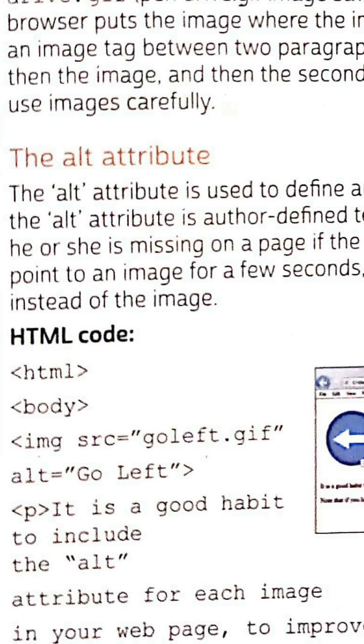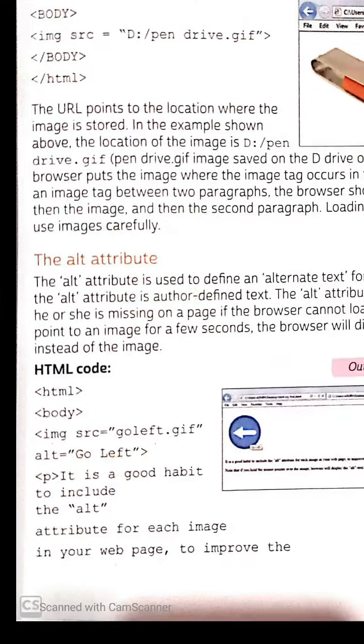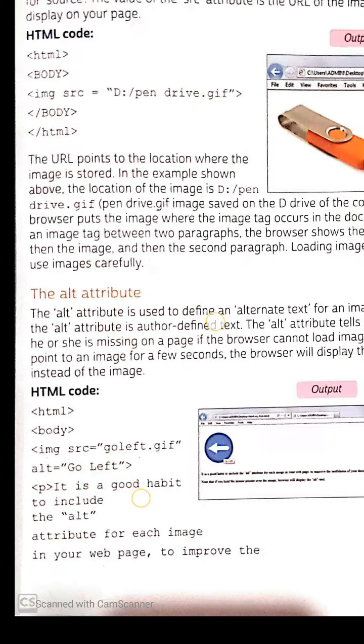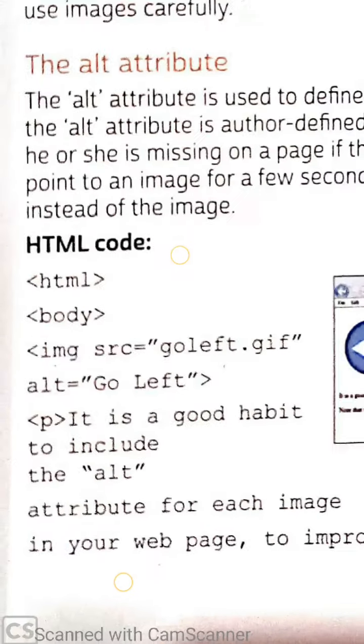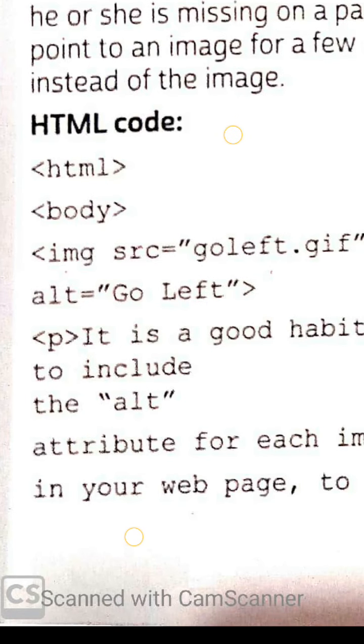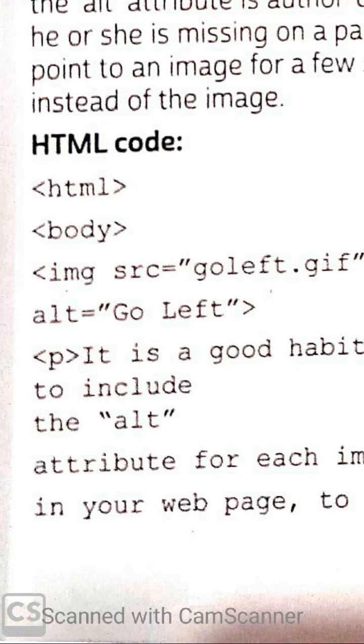So, if you cannot see the image on the page, what will it do? If you have given alt text, then it will show you the alternate text instead of the image. So let's see one small example of how it is written in HTML code.